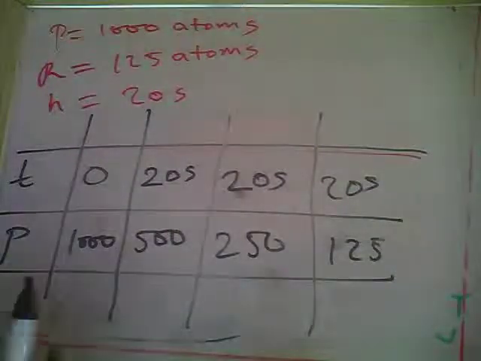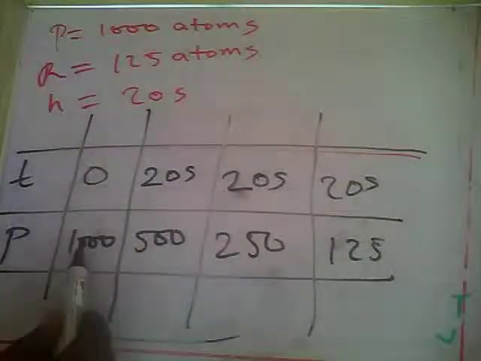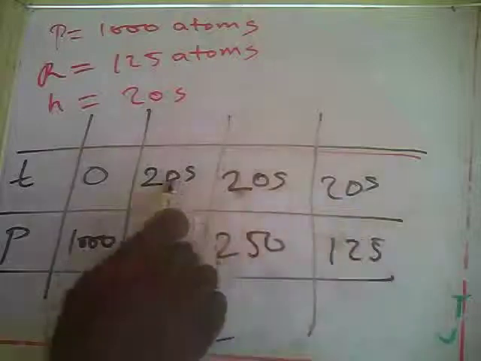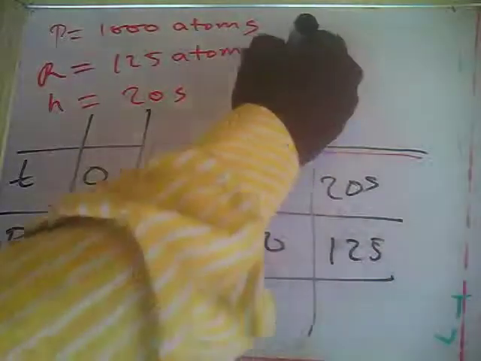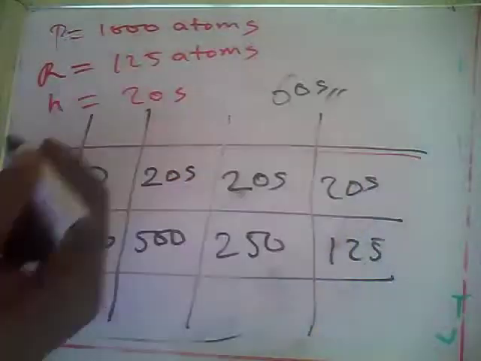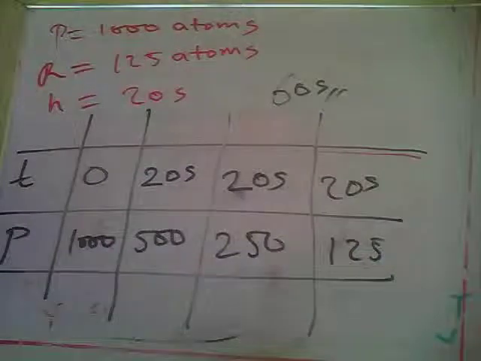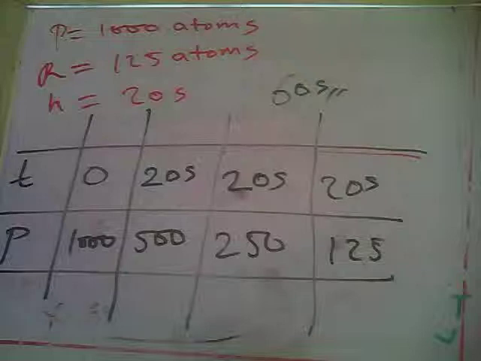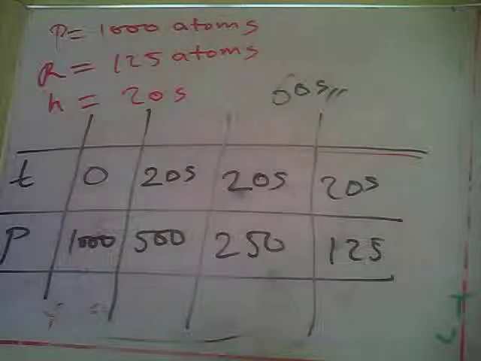So it takes how many seconds for 1,000 to become 125? That is 20, 20, 20. So the answer is 60 seconds. So it takes 60 seconds for 1,000 atoms of a radioactive particle to decay down to 125 atoms.